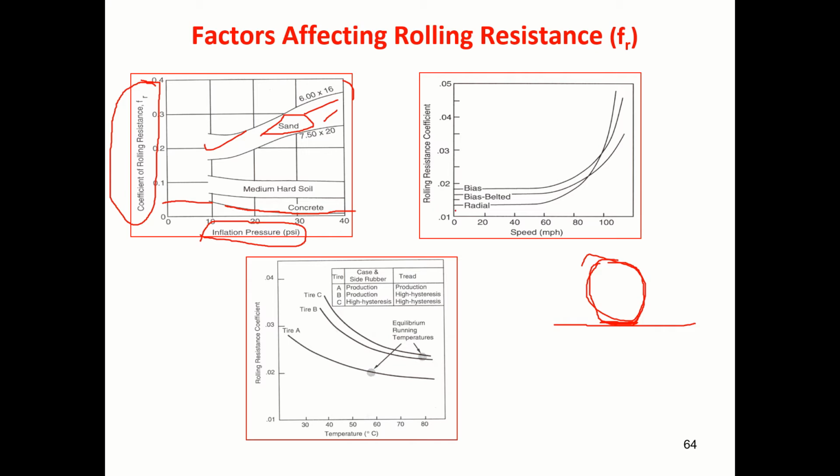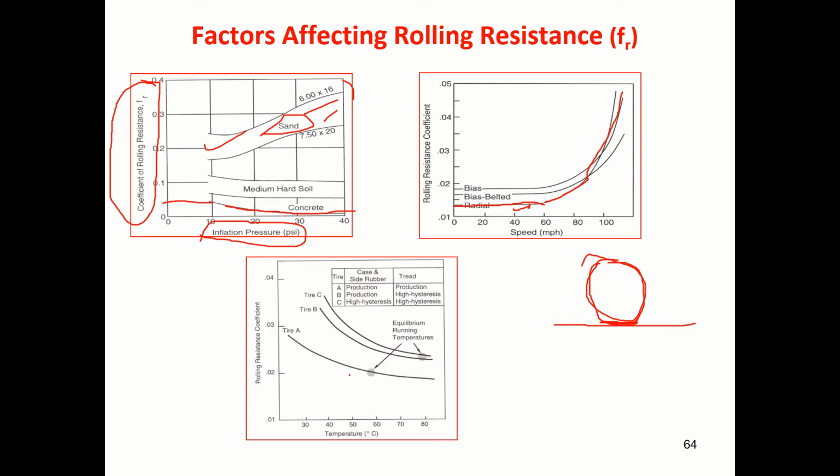It depends upon the tire technology used. A radial tire, you can see, for low speeds, it's quite low. Speed increases beyond a point, it increases exponentially. So also bias belted, bias and all that. Radial tire, it is very low. Okay, low compared to other two tires. Again, it also depends upon construction and temperature.